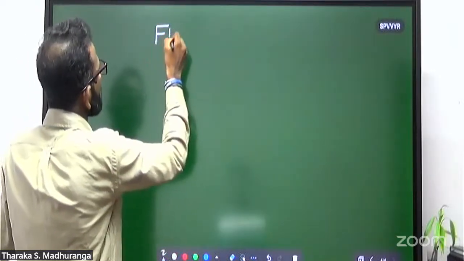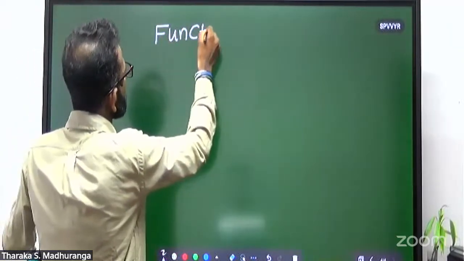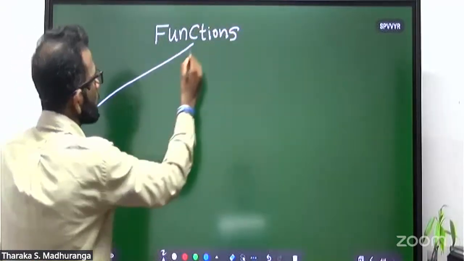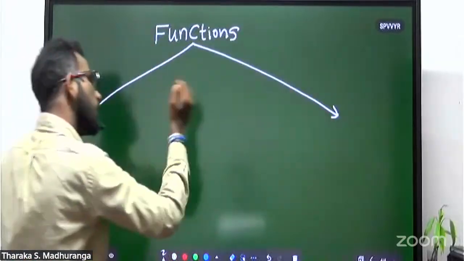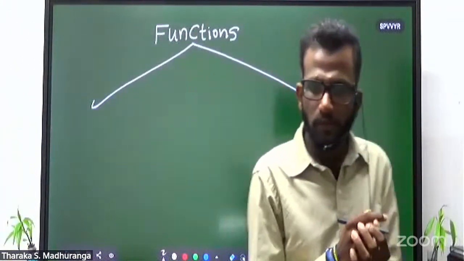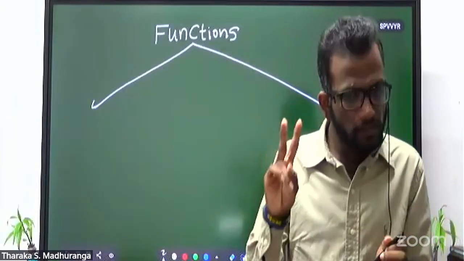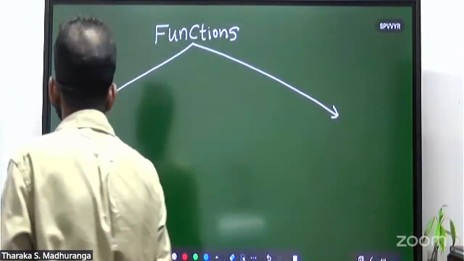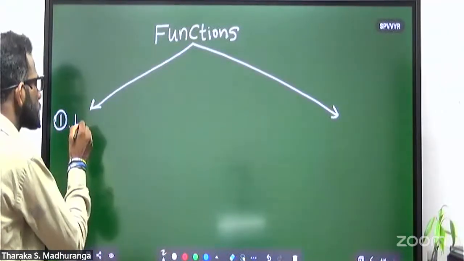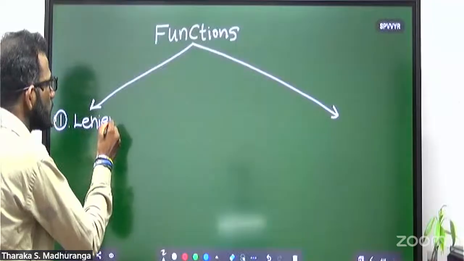Functions we can divide into 2 main types. Other types we're not going to discuss in this lesson. In this lesson we only discuss 2 types of function. The first one is linear function.